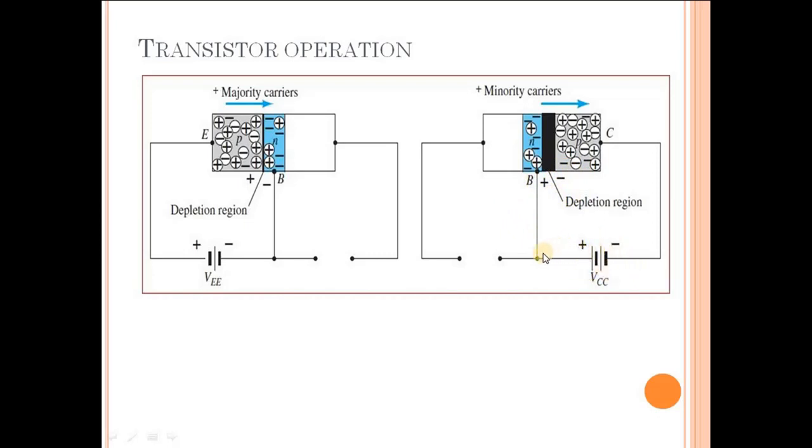In such a case, you can see this black portion shows the width of the depletion region, and the depletion region width has been increased. There is a larger depletion region width just because this PN junction is reverse biased now.